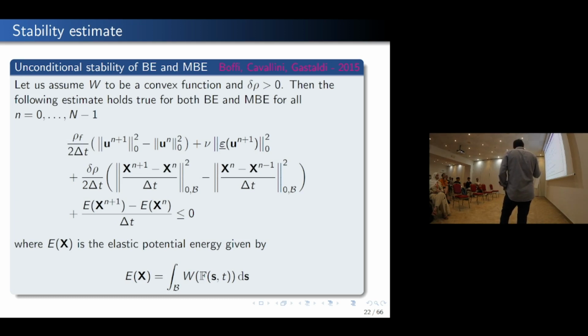Then we have the solid part: delta rho over 2 delta t times the squared L2 norm on B of (x^{n+1} minus x^n) over delta t, because we are in the solid. The same with x^n minus x^{n-1}, and then the elastic potential energy contribution.